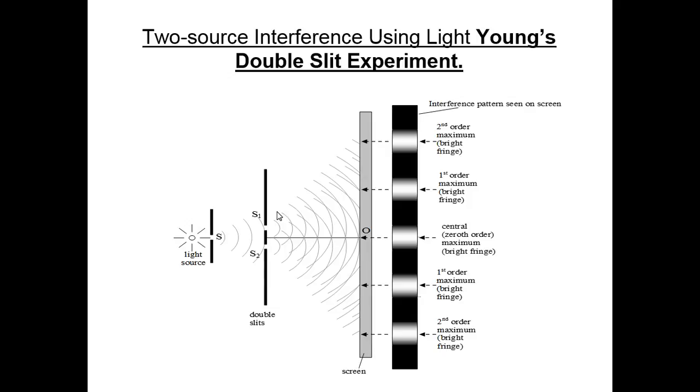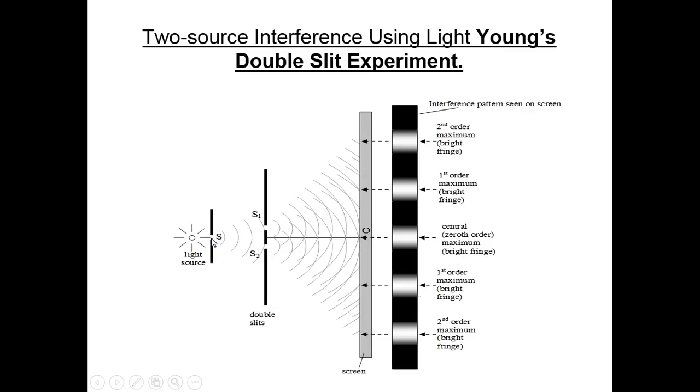This is a more detailed diagram that is given to you in your lecture notes. If I'm not using a laser, take a look at this. If the light source is any other light source, I will need a third slit, sometimes we call it an extra slit, to be placed in front of the light source. The reason is because we need the light going to S1 and S2 to be coherent.